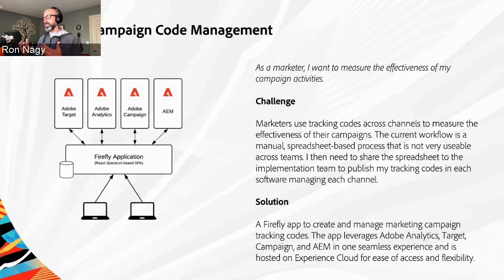So every code has to be 100% unique. You can't have any repetition. And so in the spreadsheet method, there's a format, right? They put a letter and then some combination of numbers and then maybe some other letters, and it's a kind of formula. It's kind of a pain to manage.